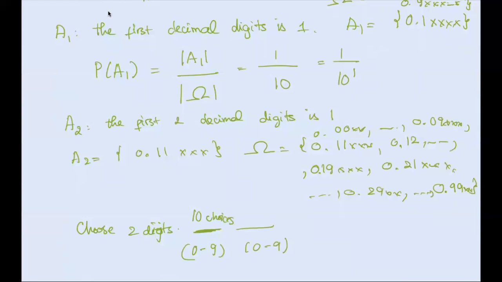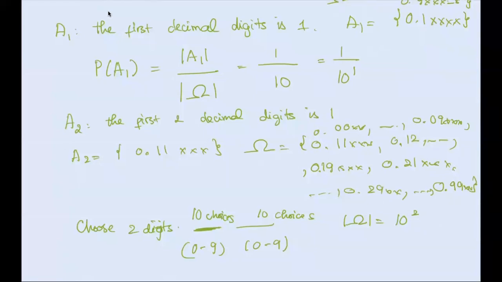For the second digit, since there is no restriction, there are also 10 choices. Which means that the sample space here would have 10 to the power of 2 outcomes. Because it boils down to how many 2-digit numbers you can form, such that each digit can be from 0 to 9.